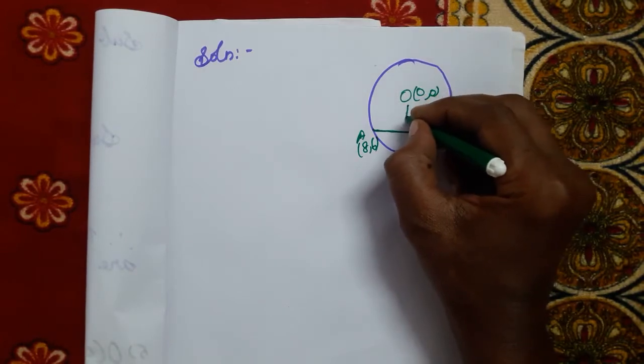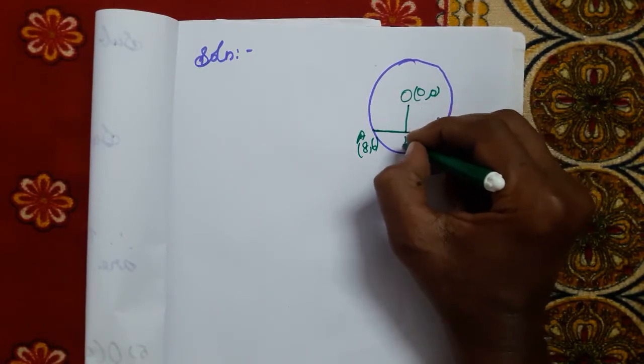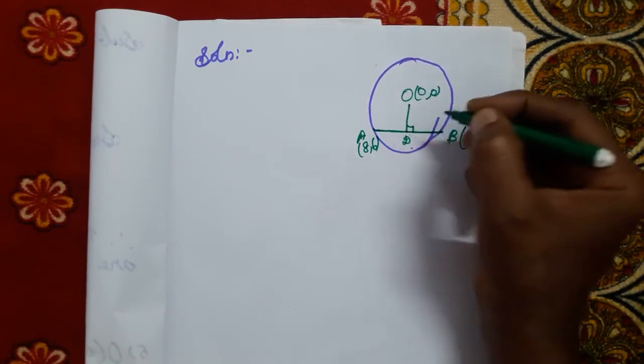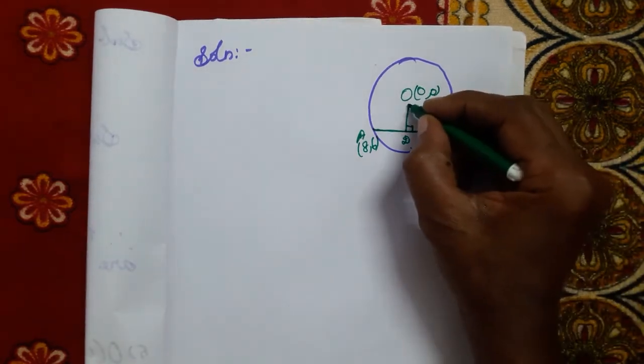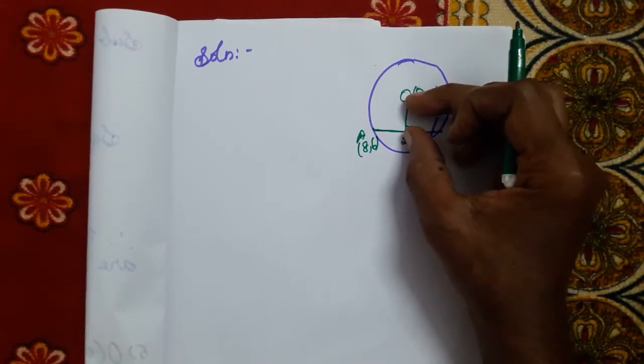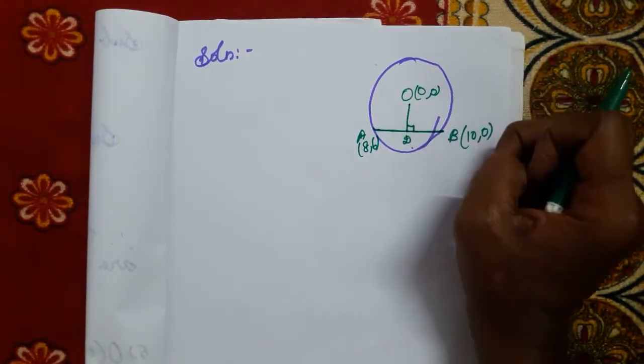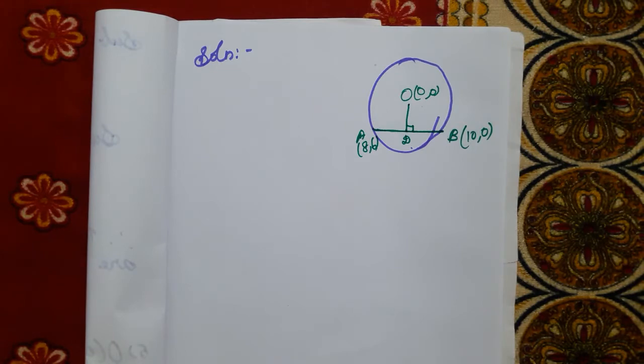It is point D, perpendicular to the chord. Find the coordinates of the midpoint of OD. Now we want to find out the midpoint of OD. Clear?